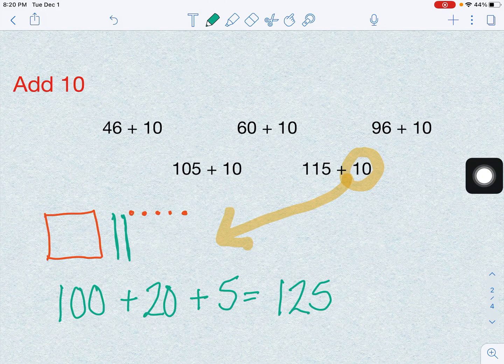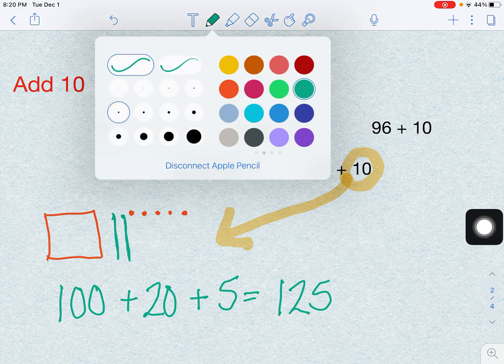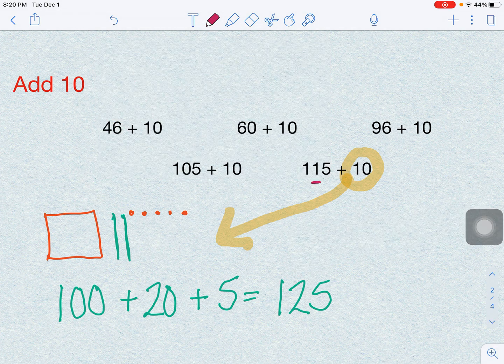But when we were down here and when we added 10, we increased the number in the tens place. So when we look at this one, 115, now 125, the number in the tens place.